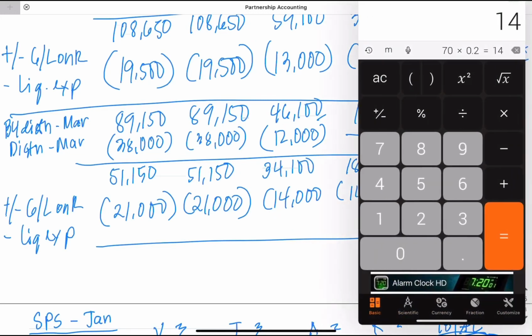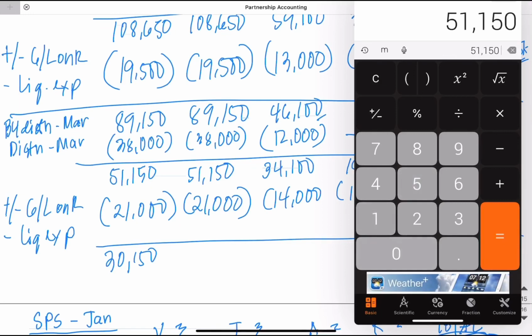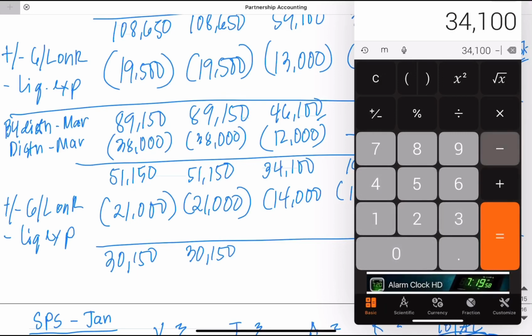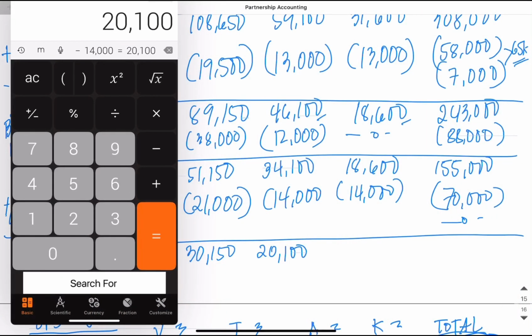So let's determine: 51,150 less 21,000 is 30,150. Another 30,150. And then 34,100 minus 14,000 is 20,100. And lastly 4,600. So the total is 85,000.